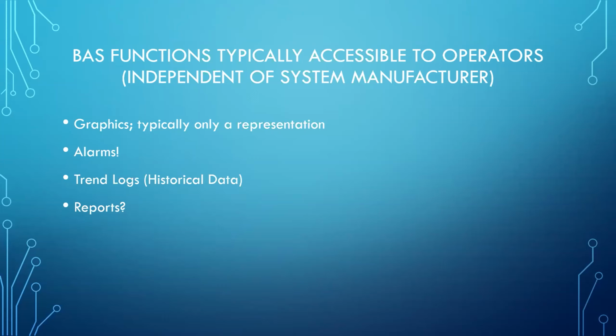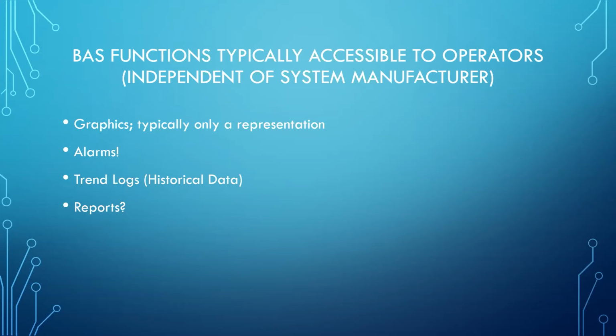Just to be effective systems, they have to have a few things that are accessible specifically to the operators. Graphics being one of the leading features. Oftentimes graphics even sell a specific control system over another. Graphics are typically a representation of a system. Very infrequently are they an exact detailed version.